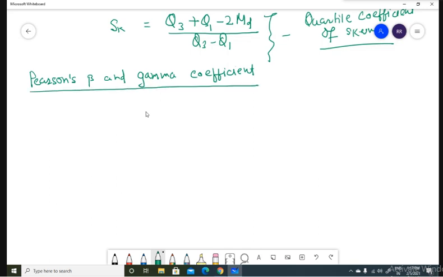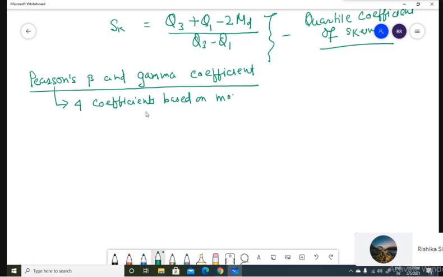Karl Pearson defined four coefficients based on moments, and these four coefficients are beta 1, which is mu 3 square upon mu 2 cube.